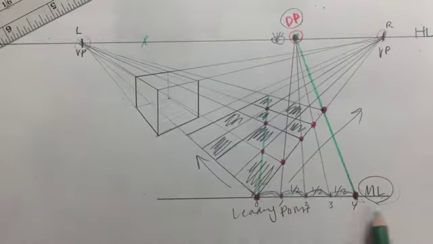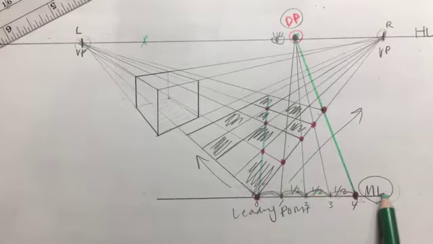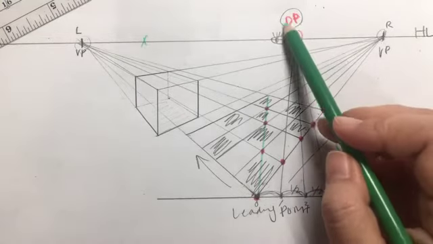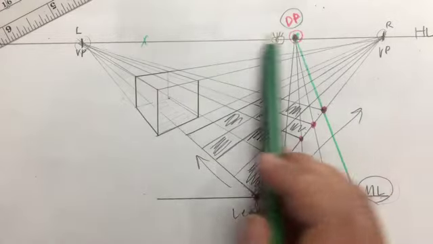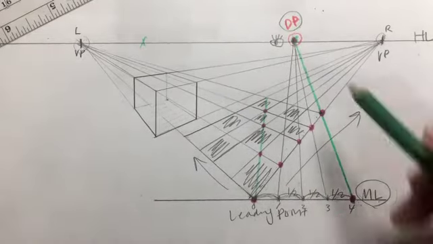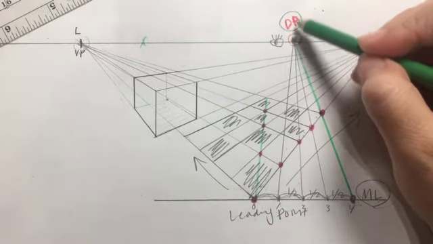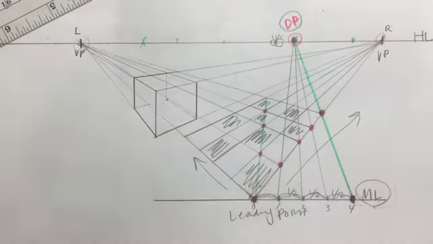So depending on the size and how many you're dividing, the diagonal point may be located somewhere in here, but in my particular case it's up here. But in your drawing, this point might move around. Okay, all right.